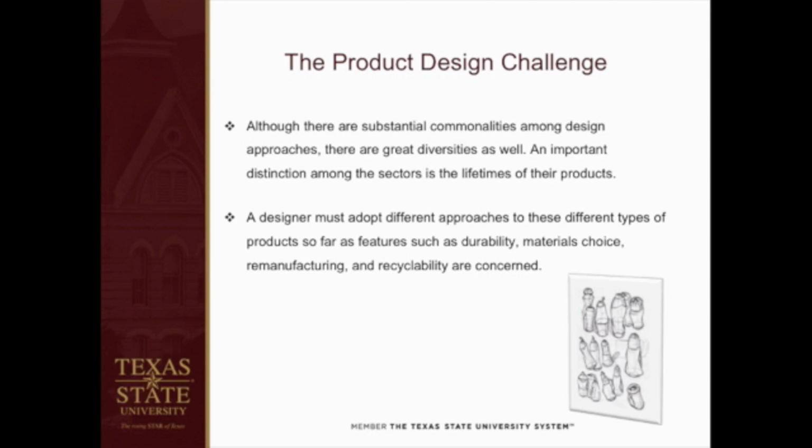You have to think about remanufacturing and about recycling. Material choice too, how much the material costs will have a bearing on the life cycle of the product. If the product is to last a long time, then you would choose a different grade of material than one that's used only once. So you can see it's incredibly complex.